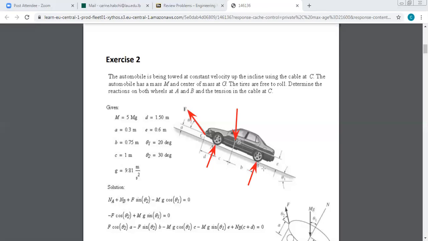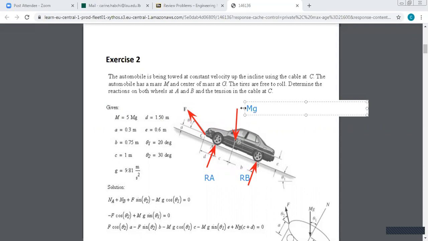Okay, so here we have RA and we have RB. And we have the weight, which is equal to mg.